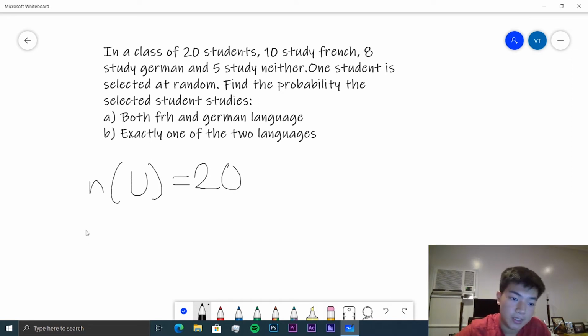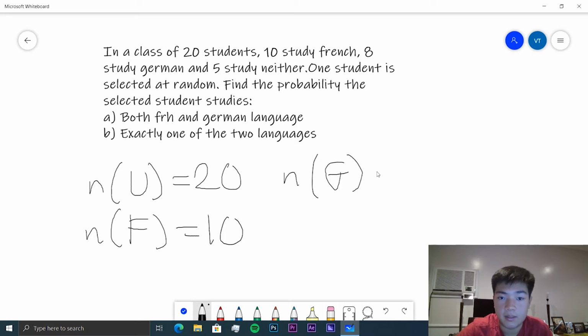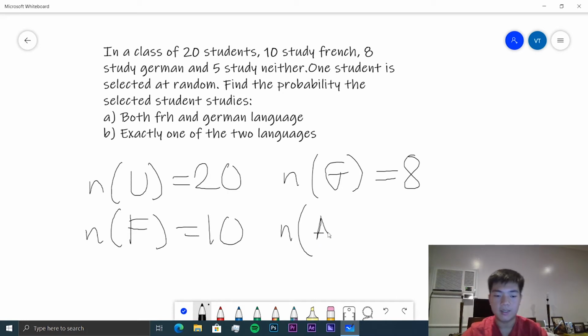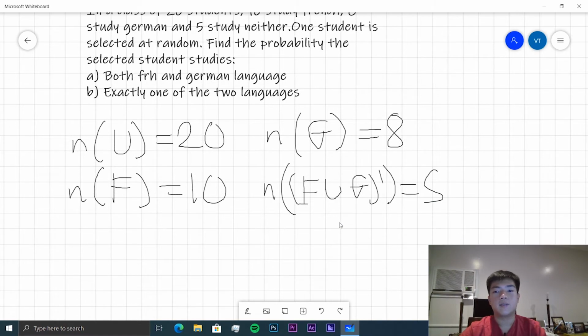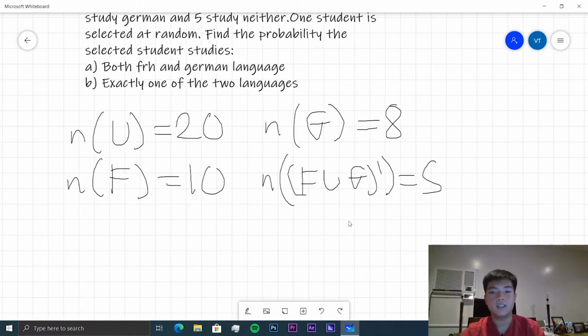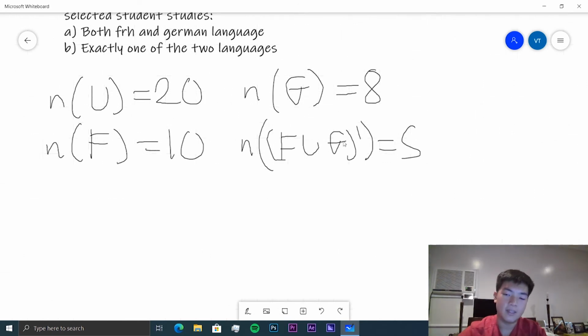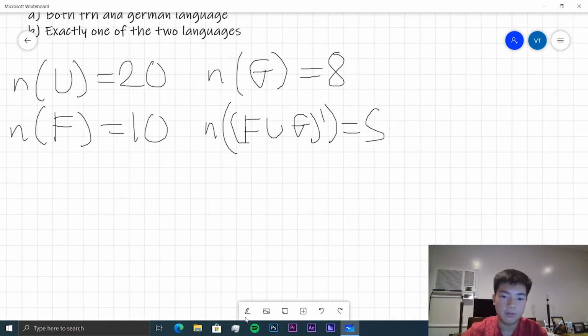So 10 study French, 8 study German, and 5 study neither, which is equivalent to the outside of F union G. So in order to find the number of students that both study French and German language, we know that the number outside of F union G is equal to 5.